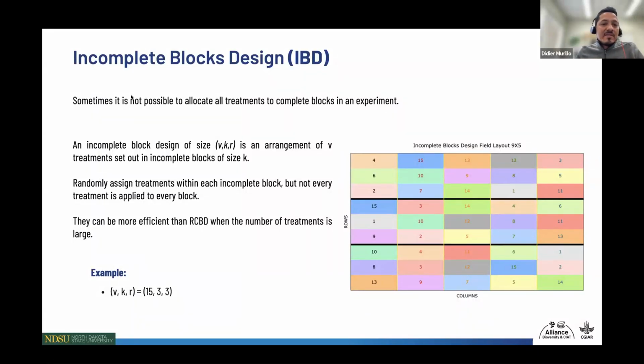An incomplete block design of size V, K, and R is an arrangement of V treatments set up in incomplete blocks of size K. In an IBD, treatments are randomly assigned within each incomplete block, but not every treatment is applied to every block.